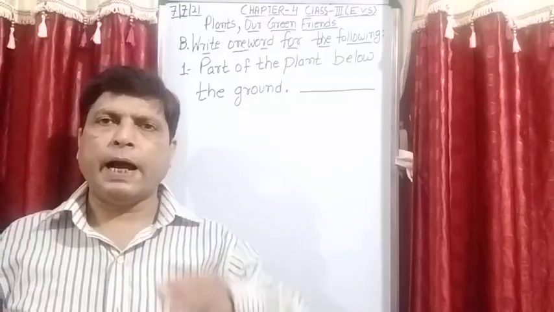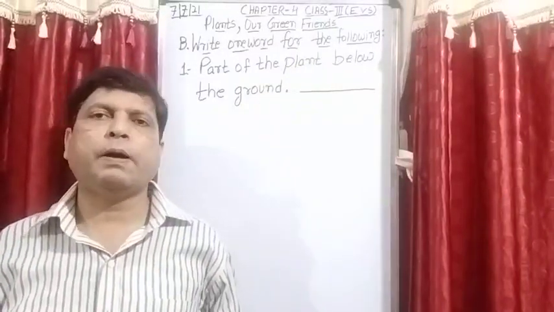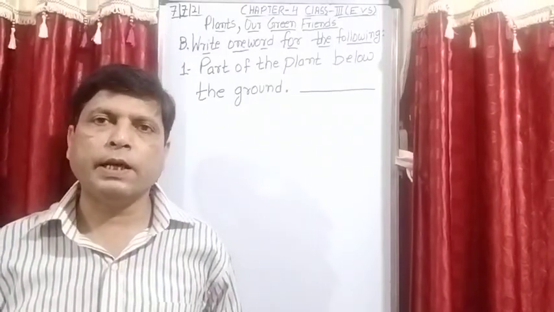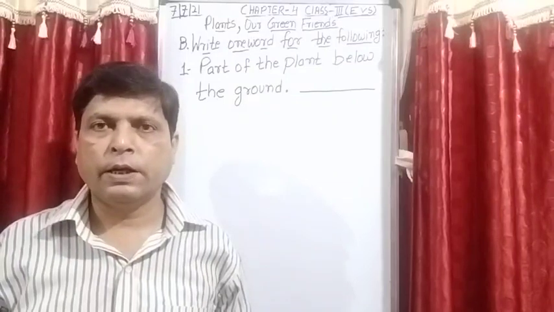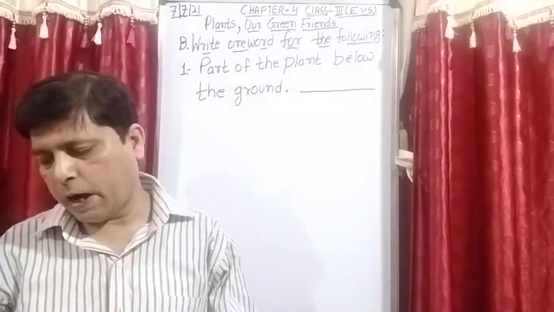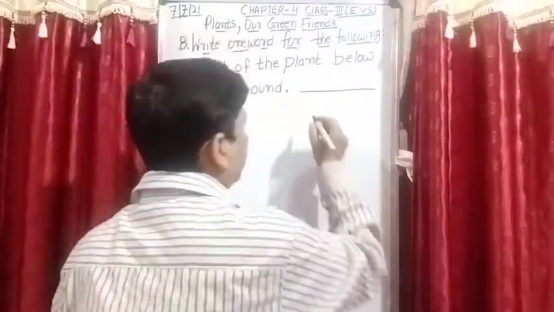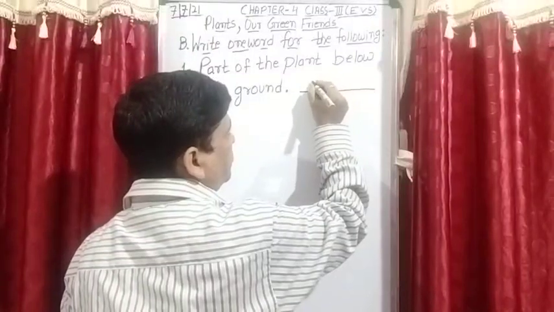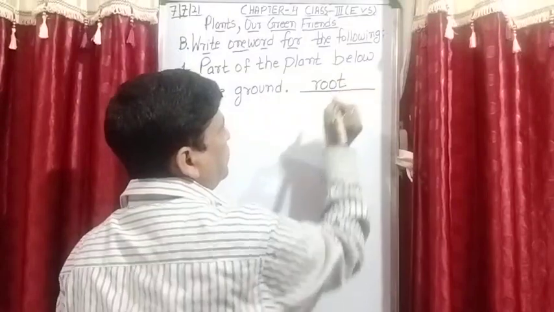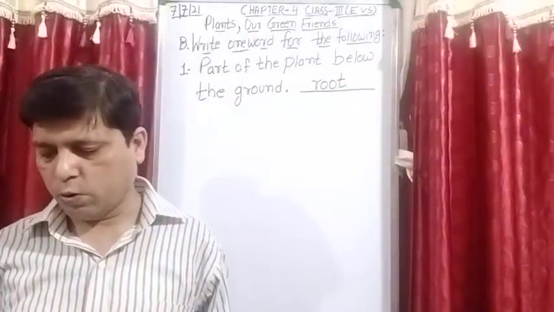Shoot is that part of the plant which is above the ground and root is that part of the plant which is below the ground, or you can say roots are in the soil. So the part of the plant below the ground is known as root.